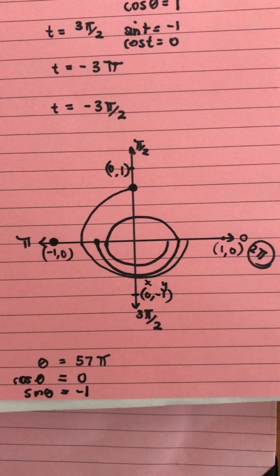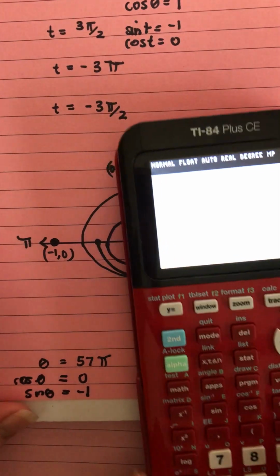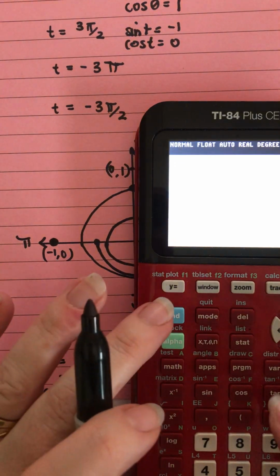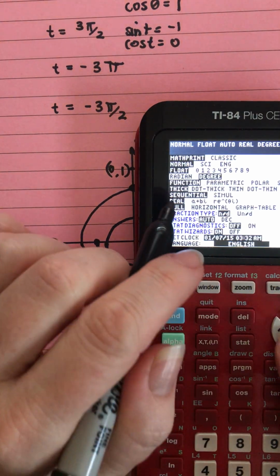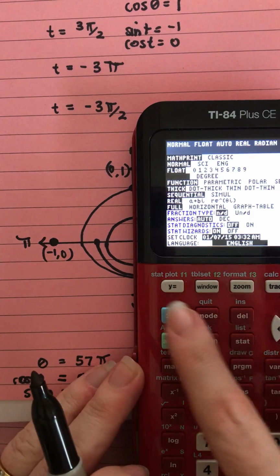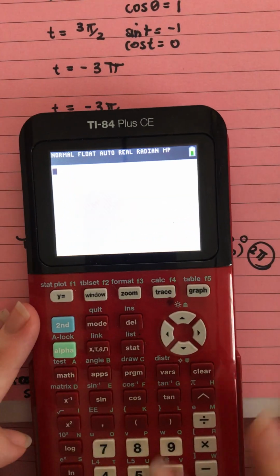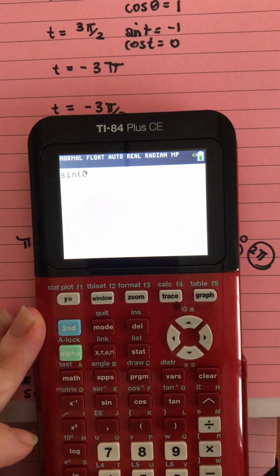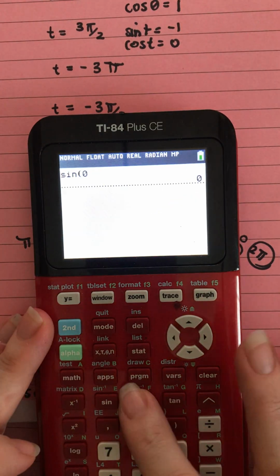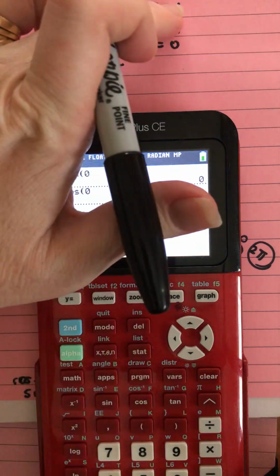We can also check these on our calculator. Obviously, we need to make sure we're in radians. So I'll go to my mode, change to radians because I was in degrees. And then when we put them in here, we can do our sine of 0 and see that it equals 0. We can do our cos of 0 and see that we get 1.